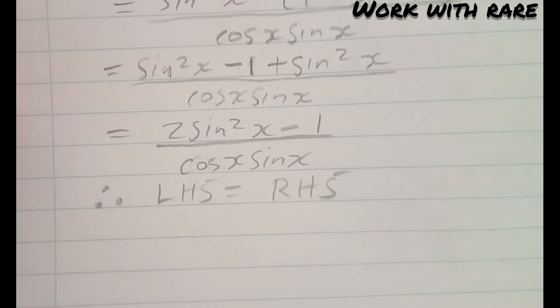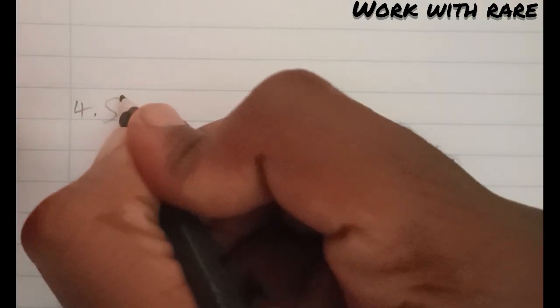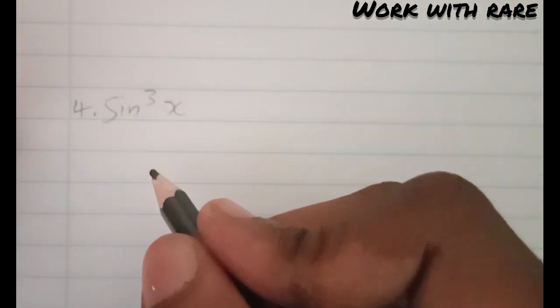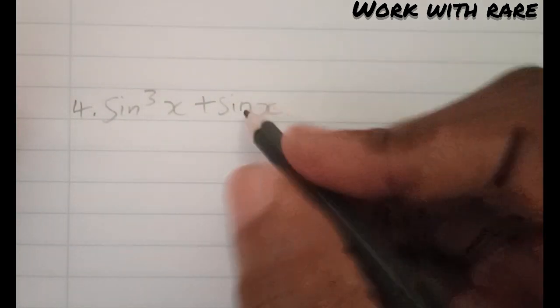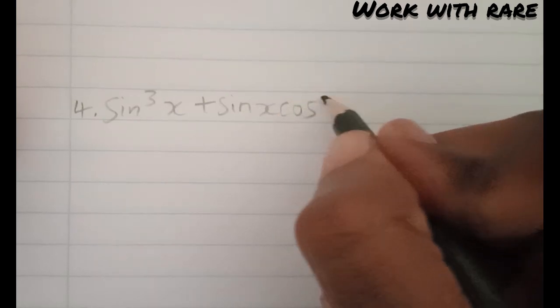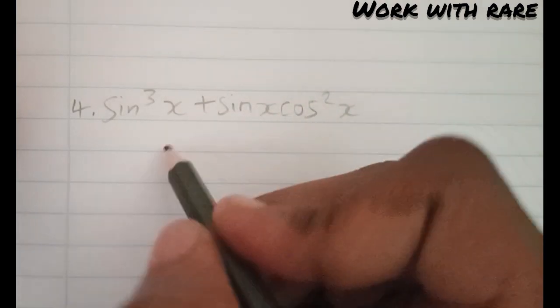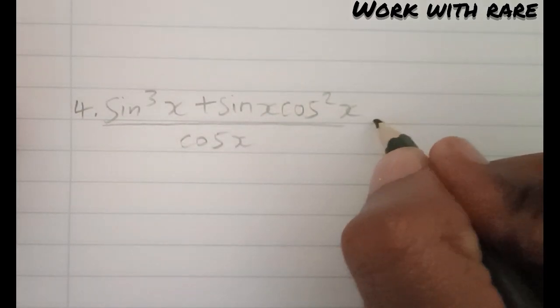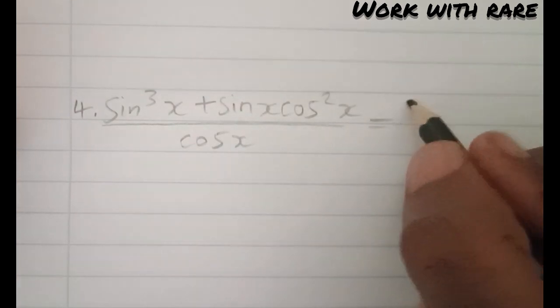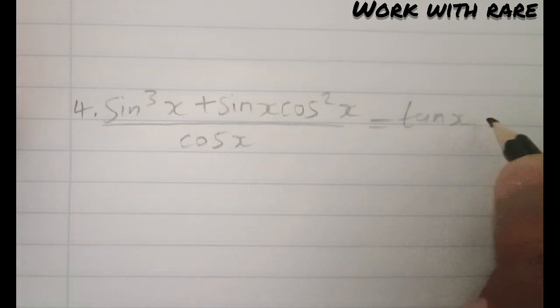Okay, so let's continue. Now let's do number 4. Number 4 says, remember we still prove the identities. So it's sine cube x plus sine x cos squared x, all over cos x, is equal to tan x.